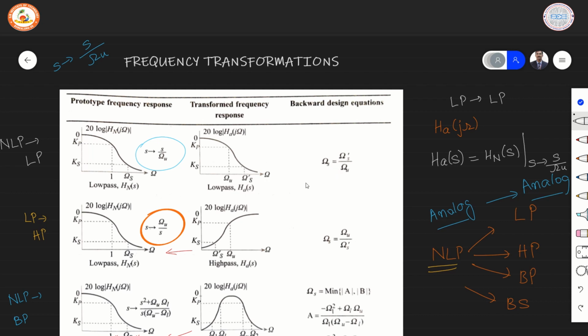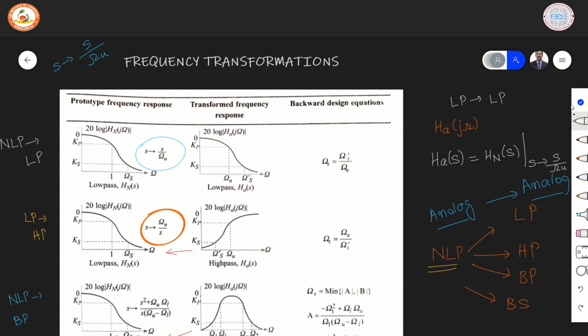The meaning of backward design is if you want to convert from the actual frequency response to that of the prototype frequency response, the value of omega s can be determined from omega s dash using this transforming equation. In other words, we are aware that omega u has to be changed to a value 1, which can be accomplished by dividing by omega u. Similarly, when omega s dash is divided by omega u, you yield the value which is called omega s.